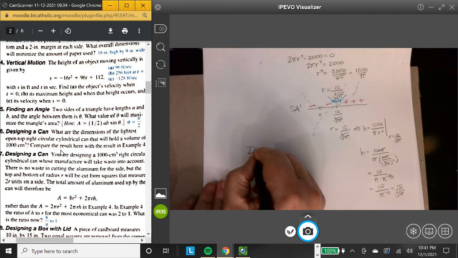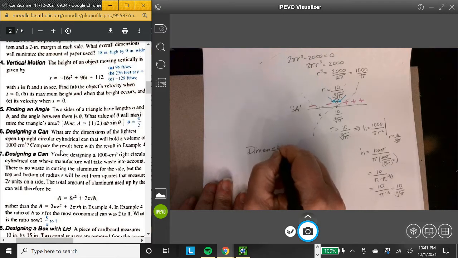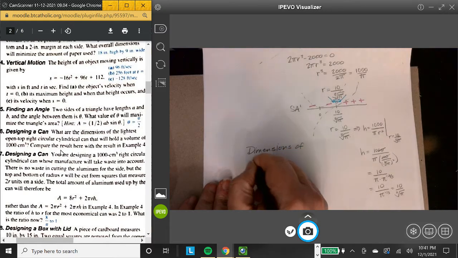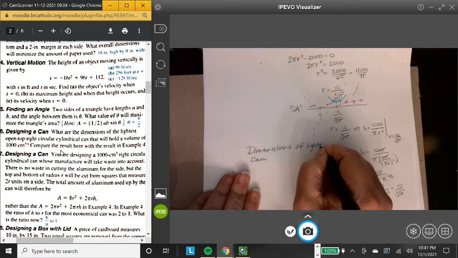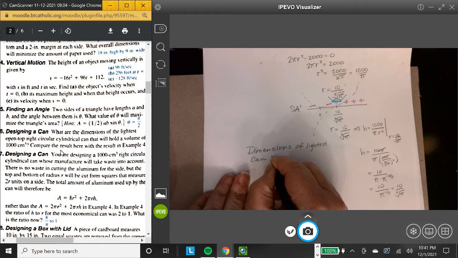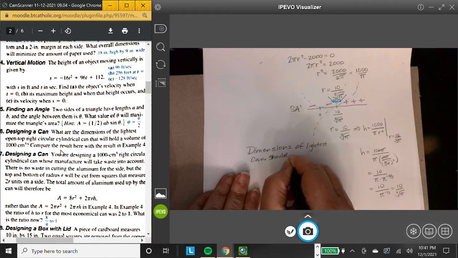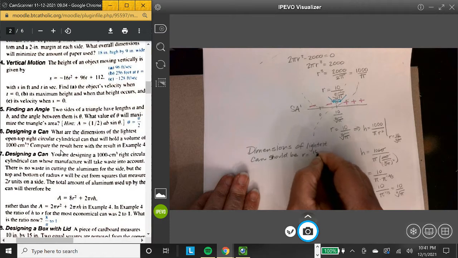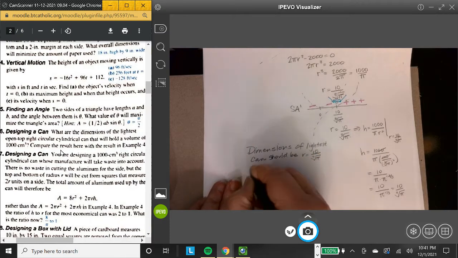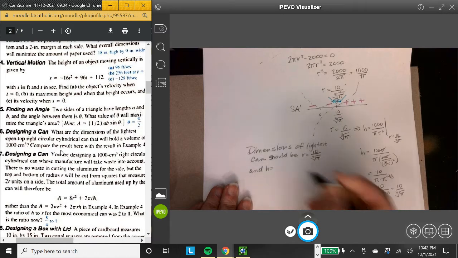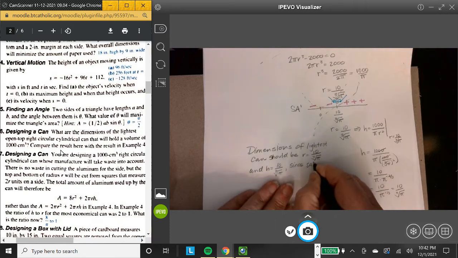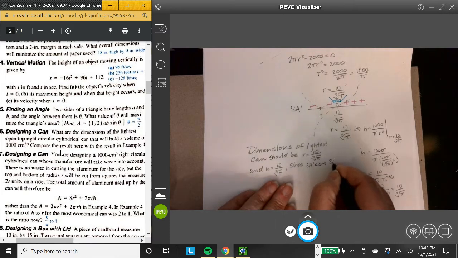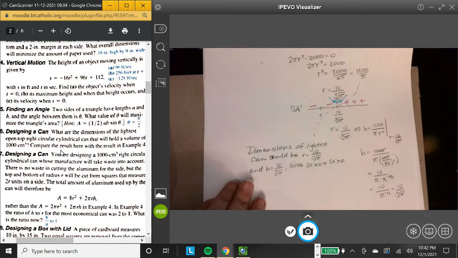So dimensions of can, of lightest can, I should say. Lightest can should be r equals 10 over the cube root of pi, and h equals 10 over the cube root of pi, since SA prime was less than 0 and went to SA prime is greater than 0.